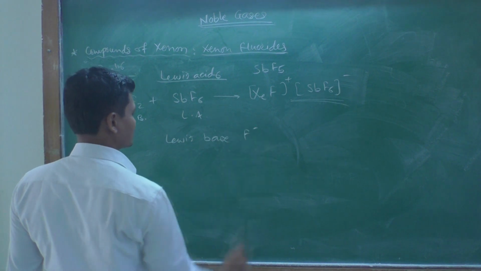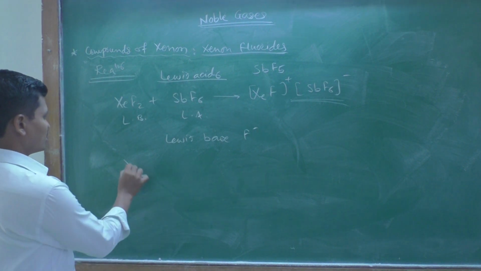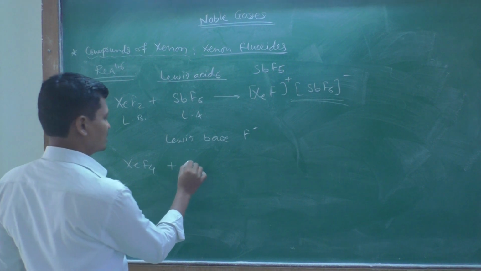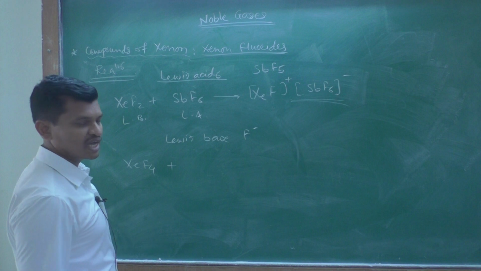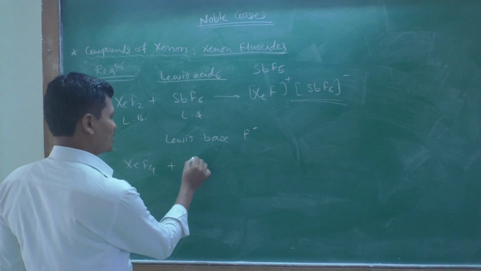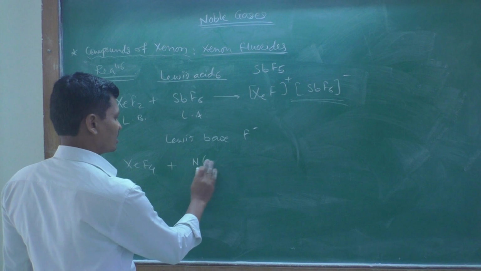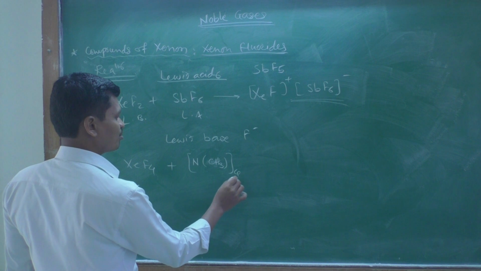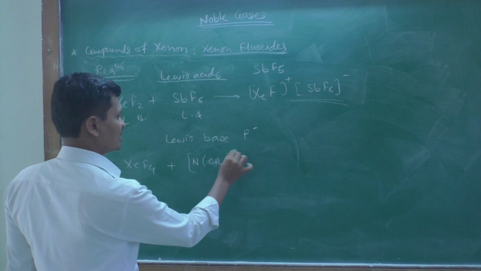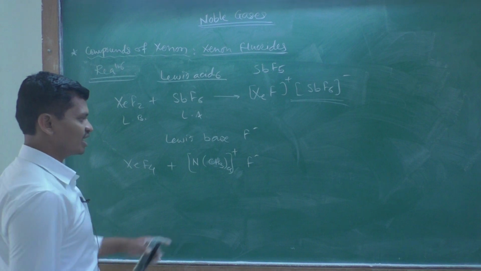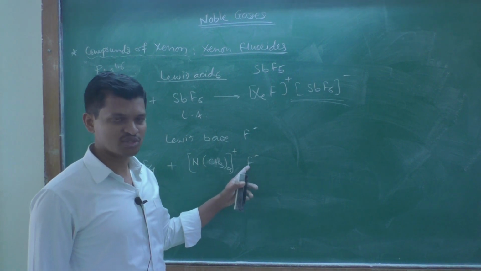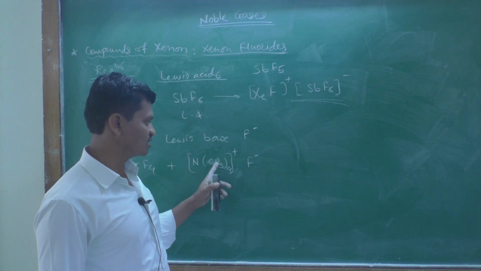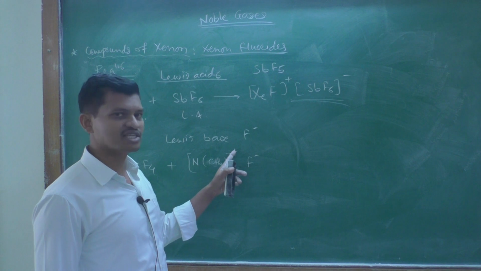Then reaction with a Lewis base, such as F minus. So when xenon tetrafluoride reacts with F minus, that is fluoride anion, which is in the form of tetramethyl ammonium fluoride. So this is a cation, this is an anion, totally it is neutral in nature. This is a quaternary ammonium salt, so 4 alkyl groups are attached to nitrogen, hence it is carrying a positive charge.